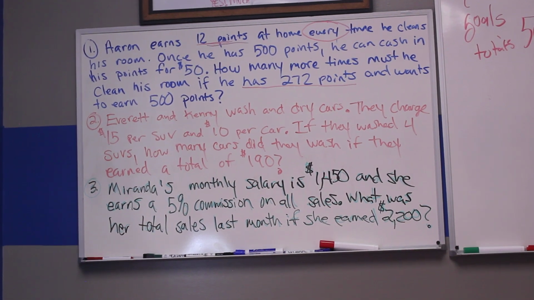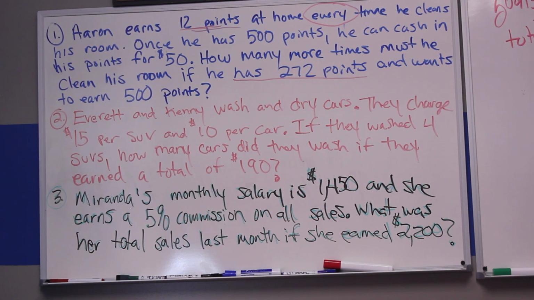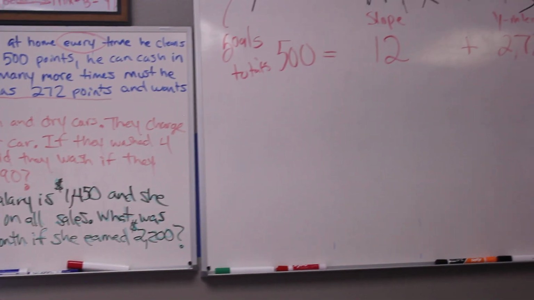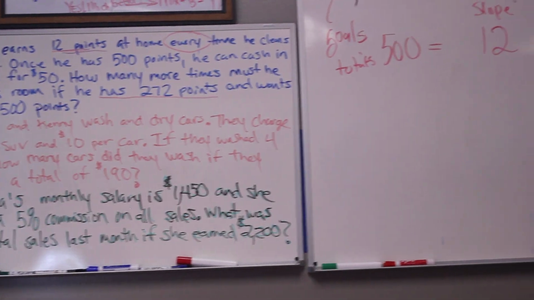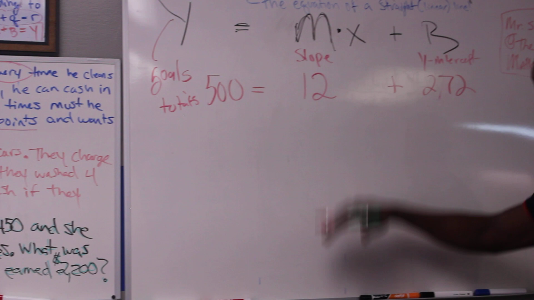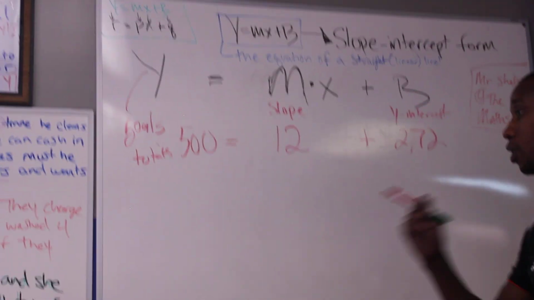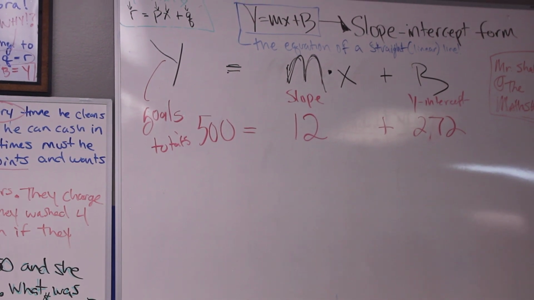Every time he cleans his room, he gets 12 points. 12 is my m, or my slope. That's the rate. And how did I locate the slope? The key word every. And previously, before I erased it, I gave you a list of other words that will help you identify what the slope is.